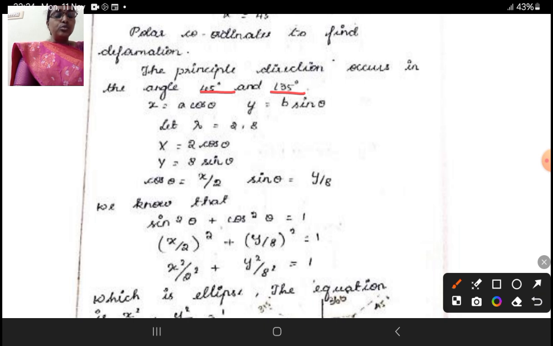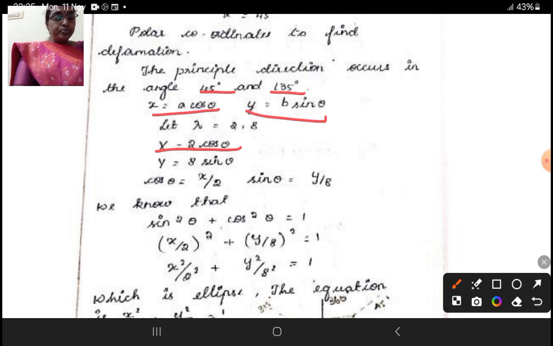Now let us choose the principal directions as directions of a new Cartesian coordinate system u1 and u2, with the positive u1 semi-axis in the first quadrant and the positive u2 semi-axis in the second quadrant of the x1 x2 system. Let us consider the x value and y value: x equals a cos theta and y equals b sin theta.